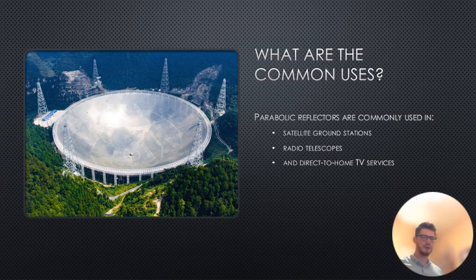Some common uses, and one of the reasons why I was interested in this particular type of antenna, are as satellite ground stations. A lot of ground stations that are tracking satellites use this type of antenna. It's not the only one that they use, but this is often used. It is also particularly often used in radio telescopes. As you can see here, this is, I believe, a 500-meter diameter radio telescope that was built in China relatively recently, in 2016, I believe.